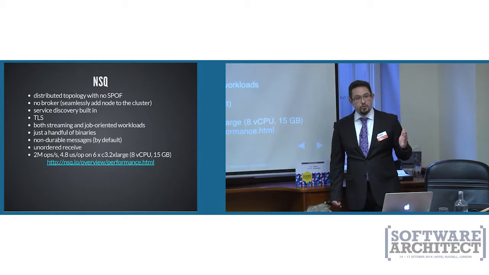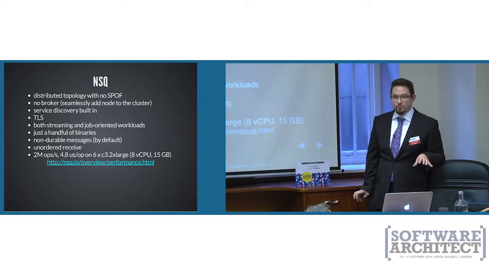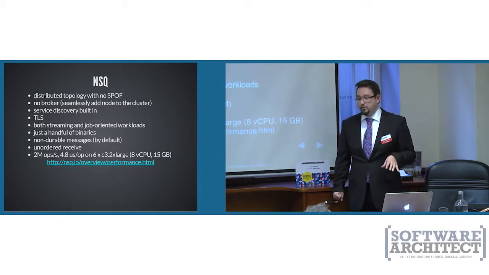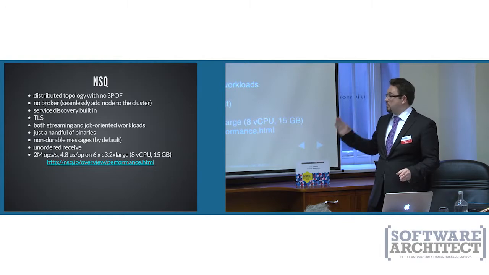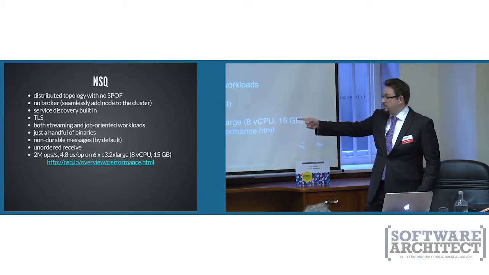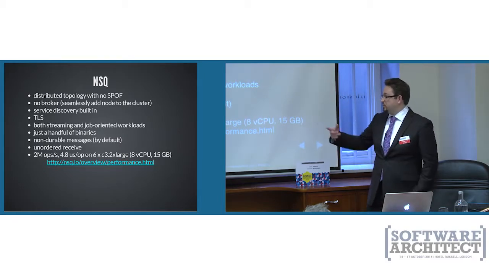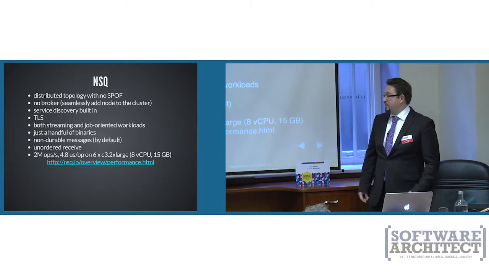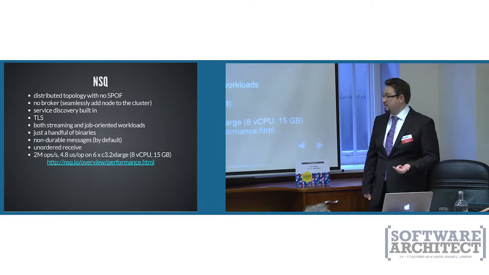One solution could be NSQ. It's a message queue like ActiveMQ, but it's more lean. If you check just the last line, its throughput is 2 million operations per second, 40.8 microseconds, not milliseconds.